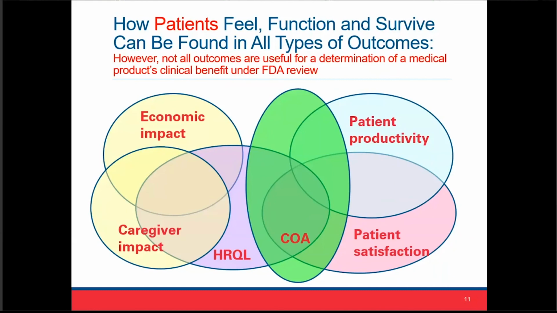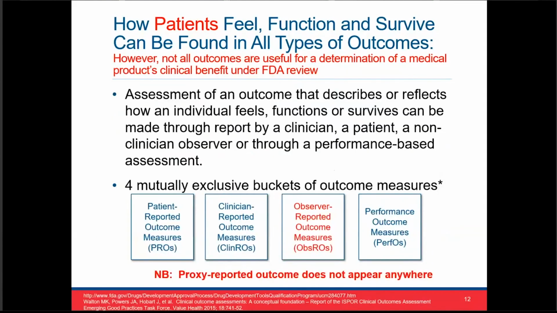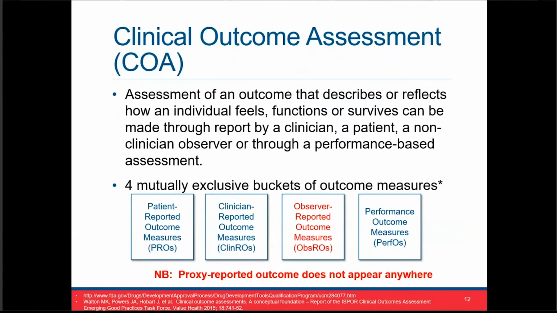But within clinical outcome assessments, next slide, you can find the 4 buckets of measures that Elizabeth already told you about. I just want to bring your attention to the fact that proxy-reported outcomes do not appear anywhere in these 4 mutually exclusive buckets of outcome measures. Next slide.